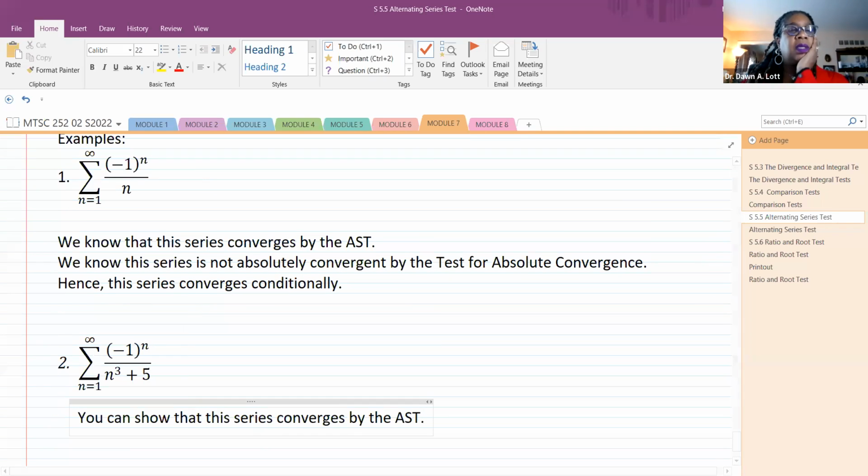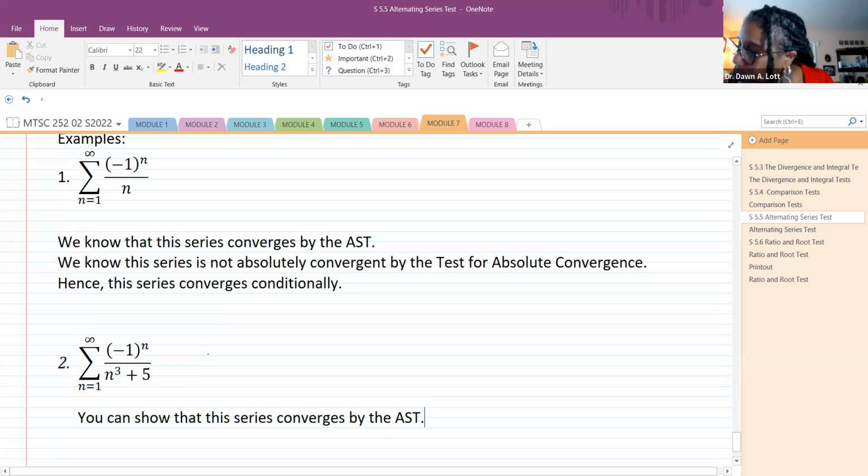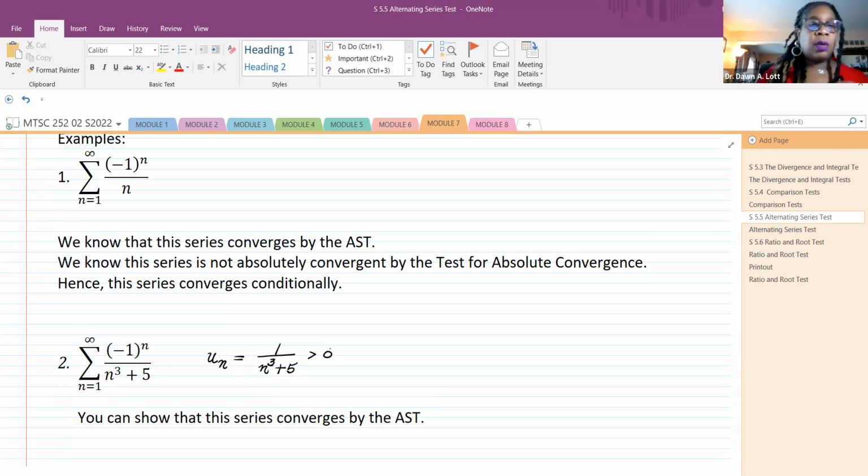The terms a_n are 1 over n cubed plus 5. They're all positive. It's a decreasing sequence and the limit goes to 0. So you can show that this series converges by the alternating series test.